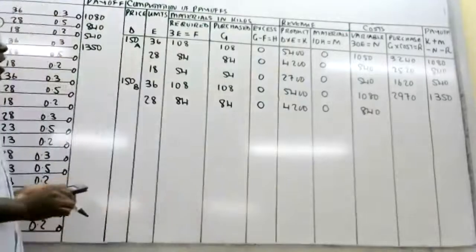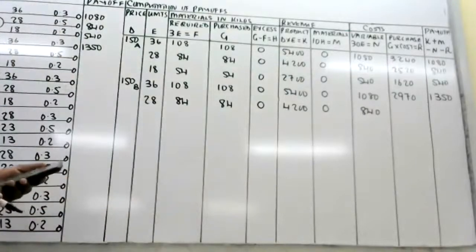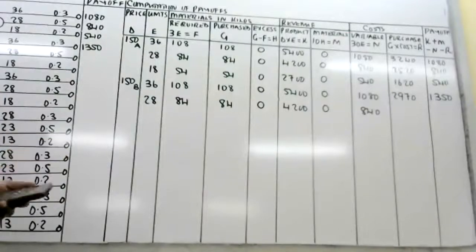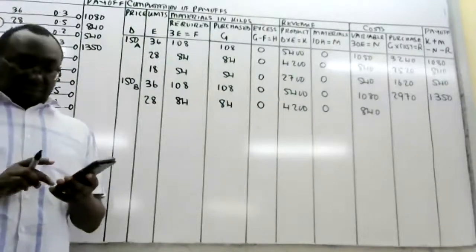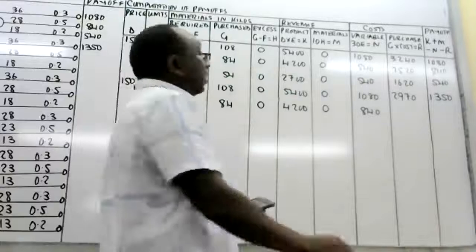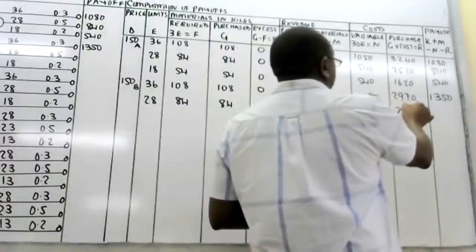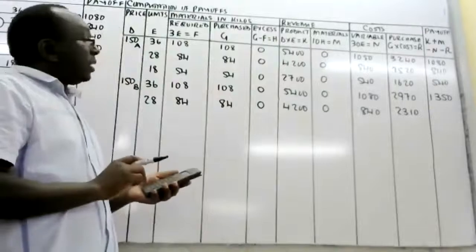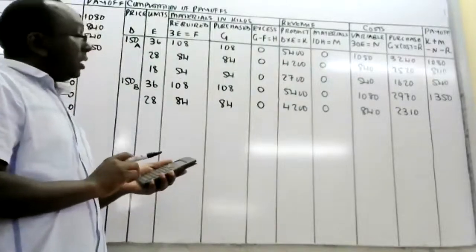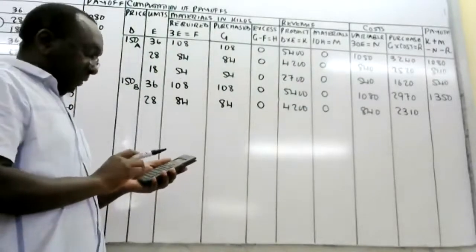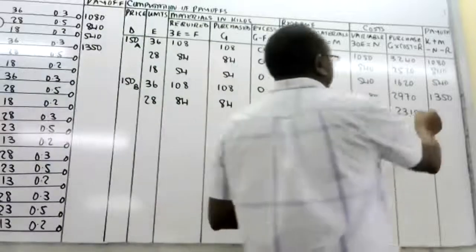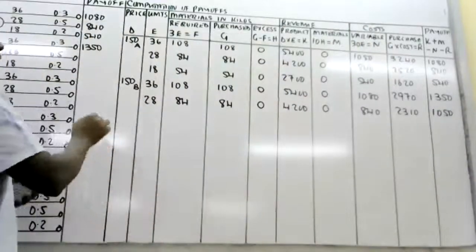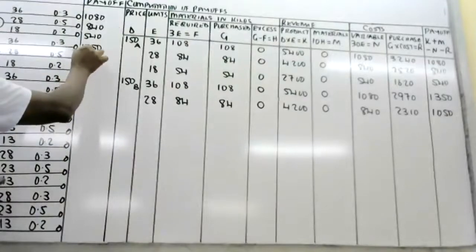So what we change now is the purchase, where we will say 84 times 27.5. You getting 2310? Yeah, so 2310. So now we say 4,200 minus 840 minus 2310 is 1050. So you come and record it here, 1050.